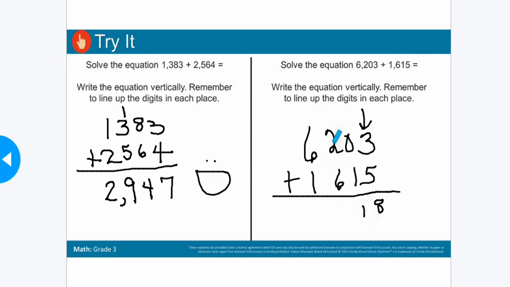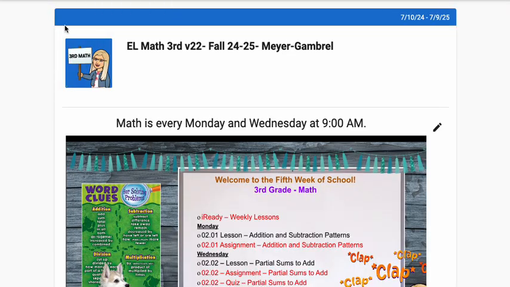Bring down that group of 10 because I have 0 tens plus 1 ten. Then 600 plus 200 is 800. And then 6,000 plus 1,000 is 7,000. Woo! So hopefully you got 7,818.